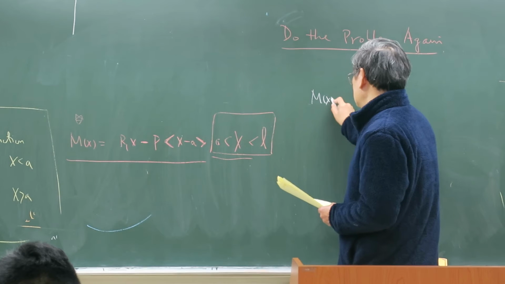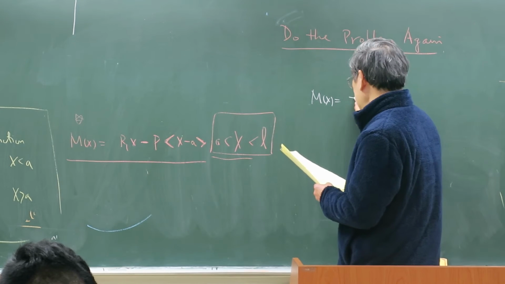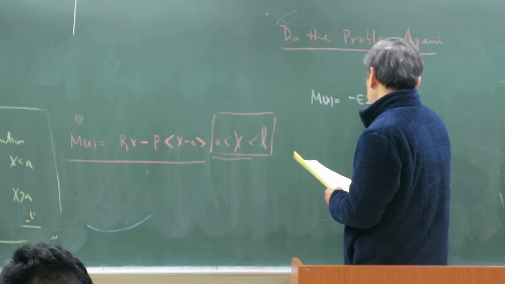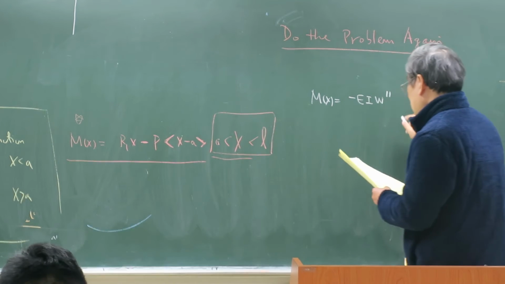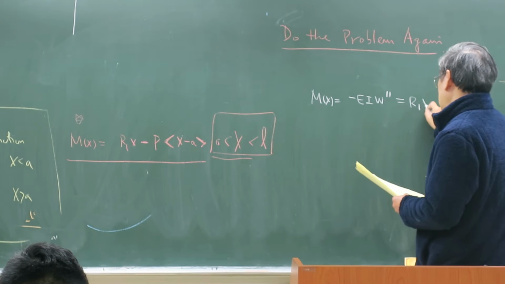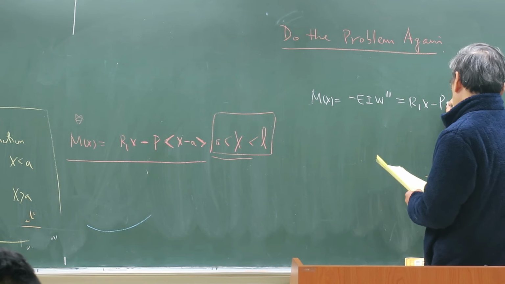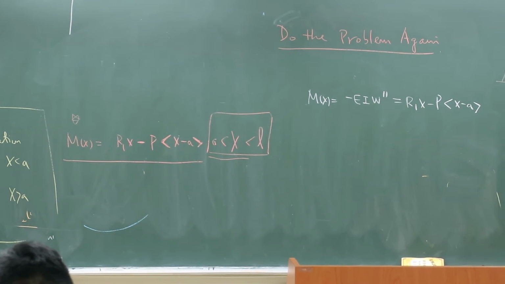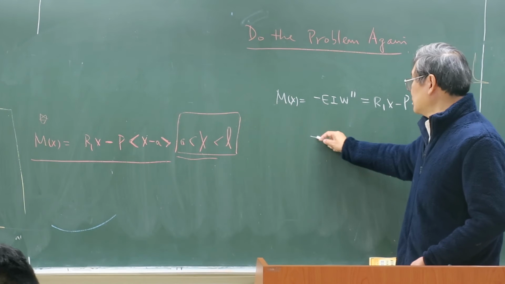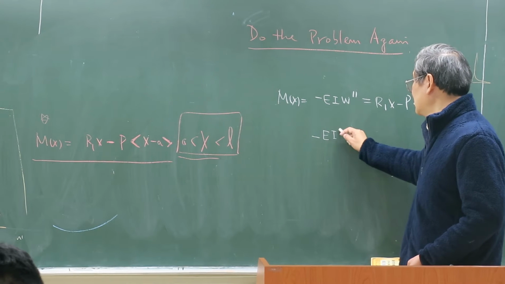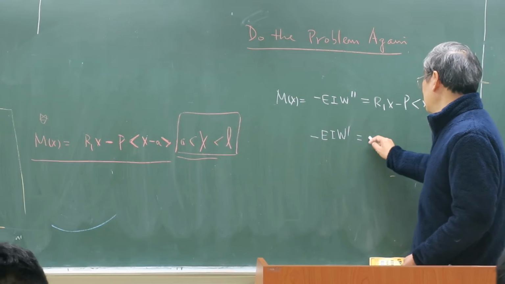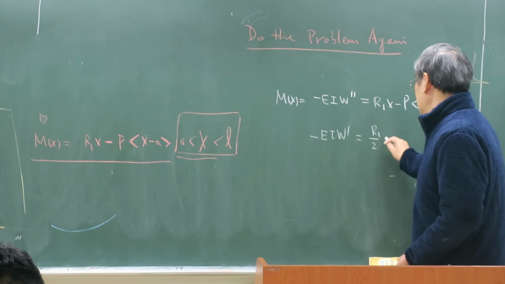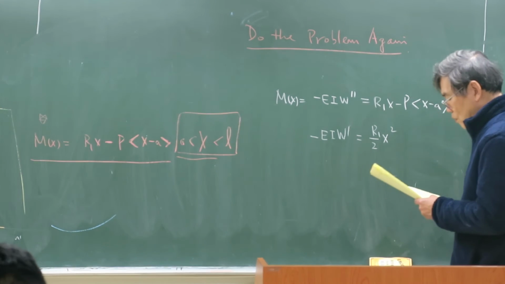Moment is equal to minus EI w double prime. Is equal to R1x minus P x minus a. Okay? Then integration 1 is minus EI w prime equal to half R1x squared.